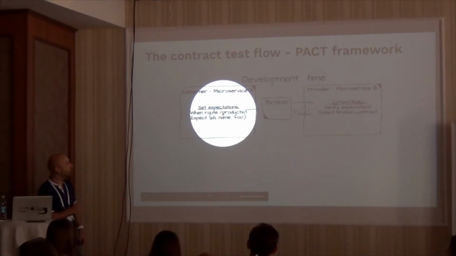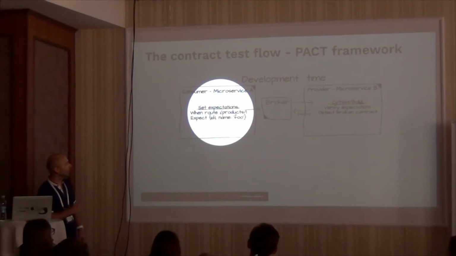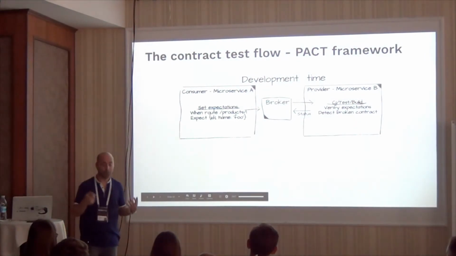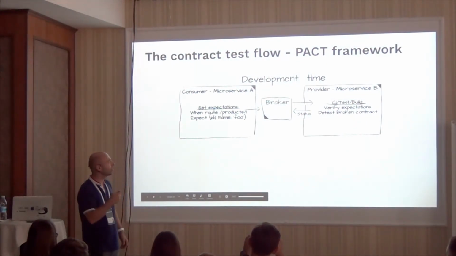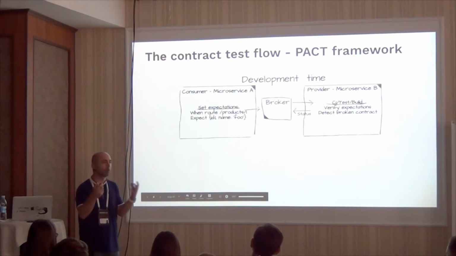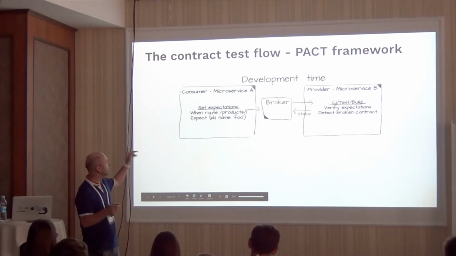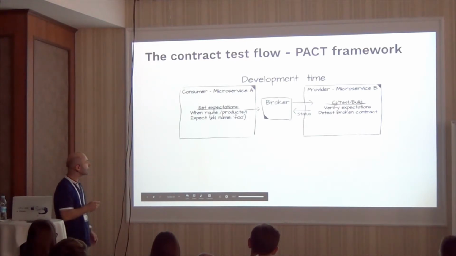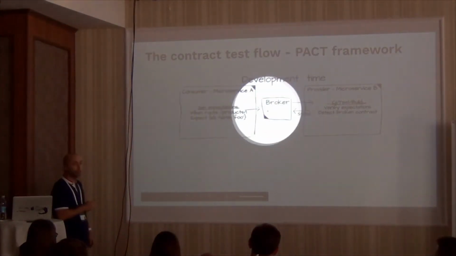So the consumer creates expectation files, which contain, for each route, what should be the result. Okay, so it comes from the consumer. Practically, it's more a collaborative practice where also the provider is engaged and they're doing it together, but it's the responsibility of the consumer, which then puts it in a broker.